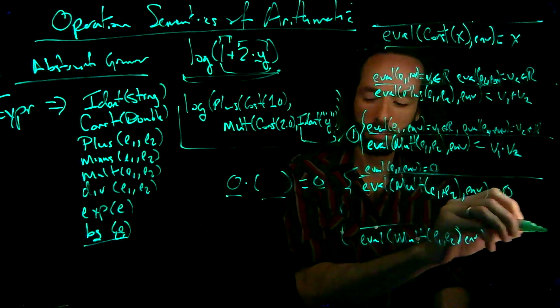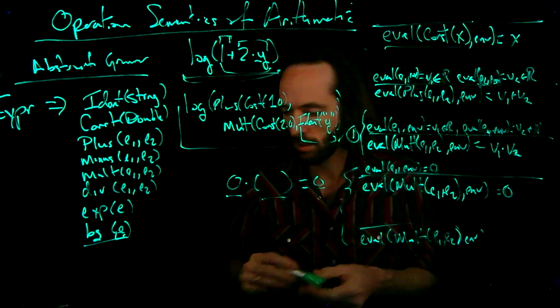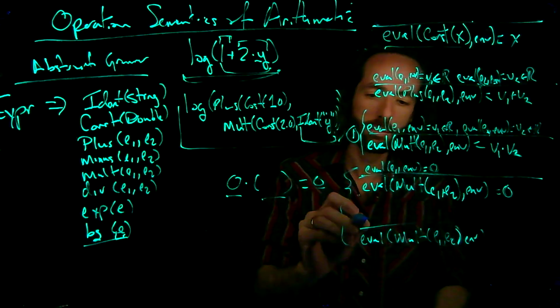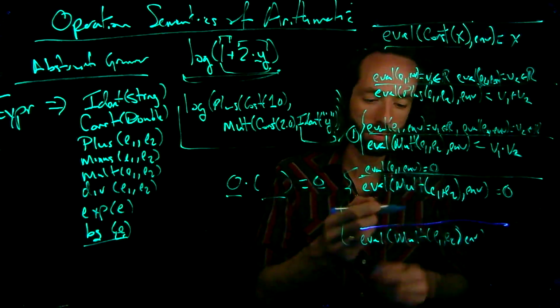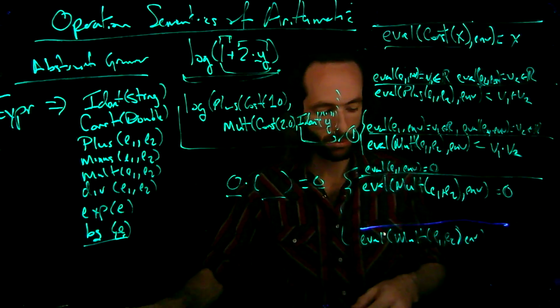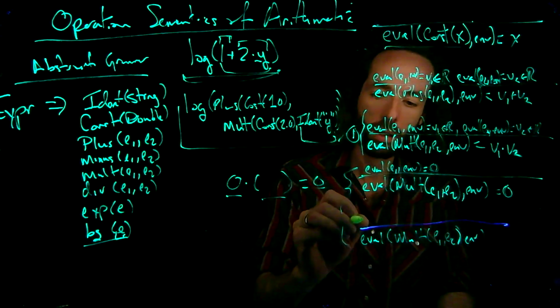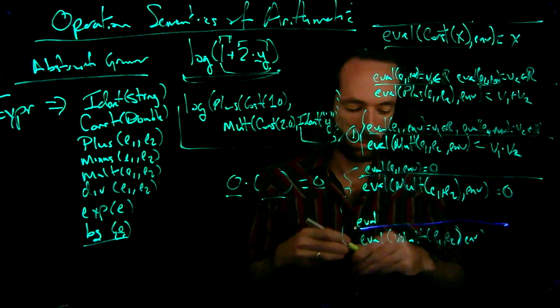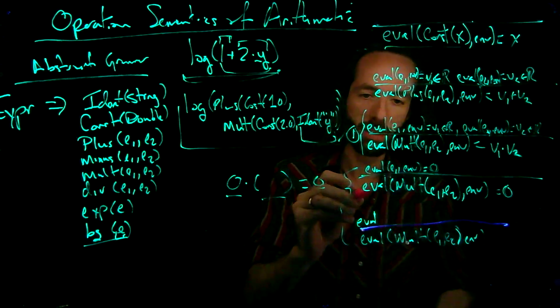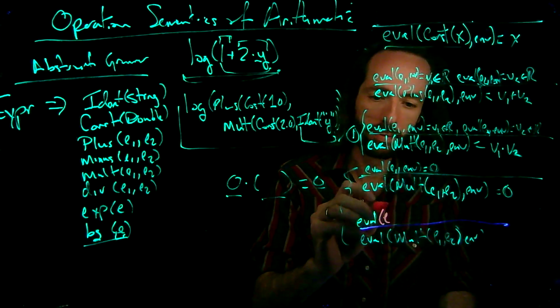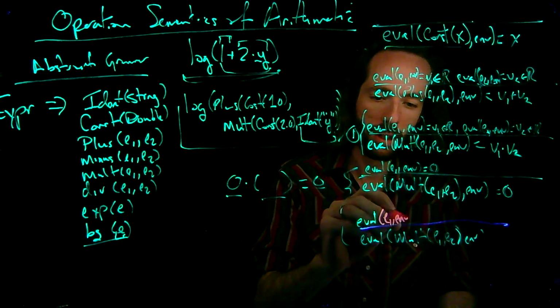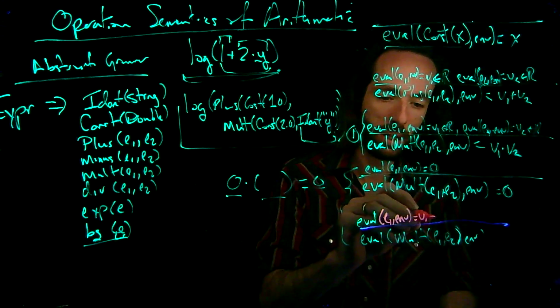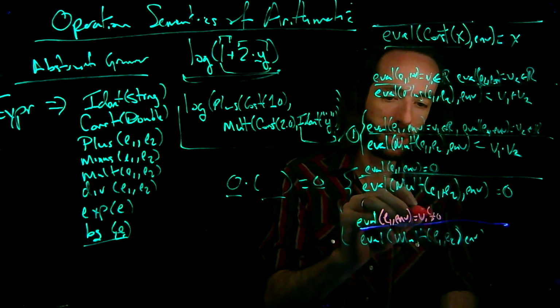Let me change pens here. That'll be eval of e1, which should be v1, and that should not be 0, but it should be a number.